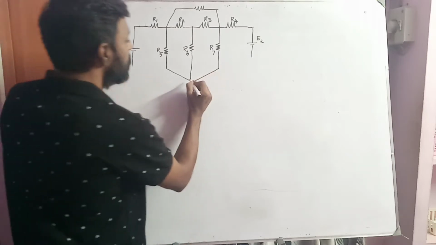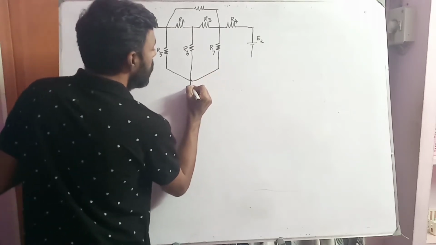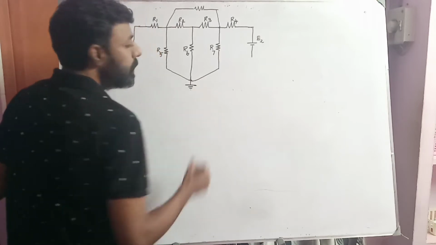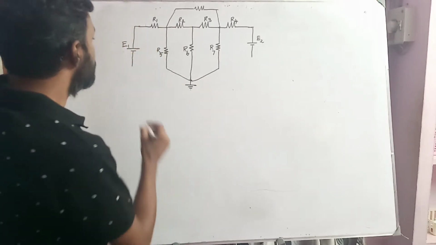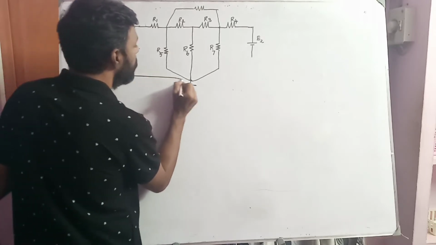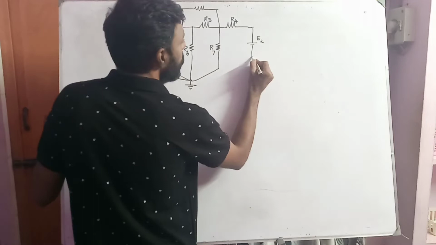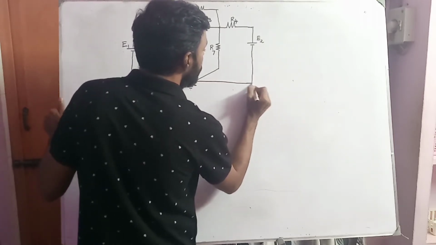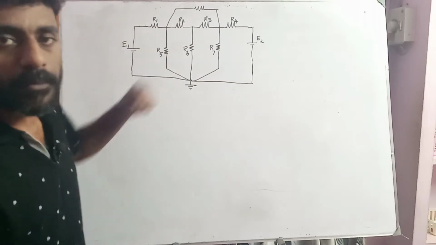They are connected to this datum node. From here, the branches are being grounded. Similarly, the negative terminal of the battery E1 is also connected to the datum terminal, and the negative terminal of this battery E2 is also connected to the datum terminal. This is how the circuit diagram looks.